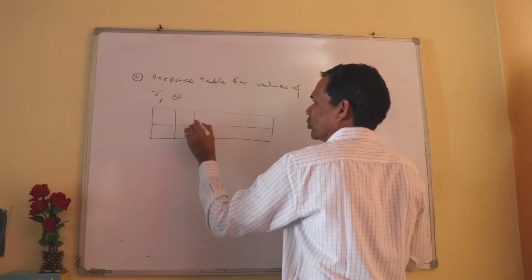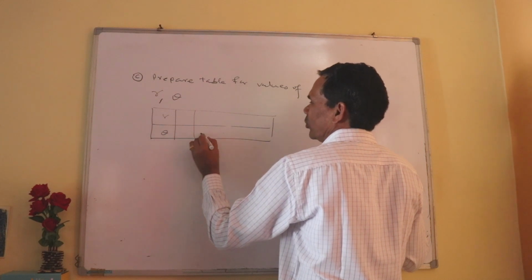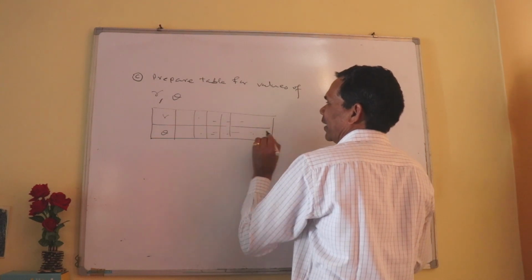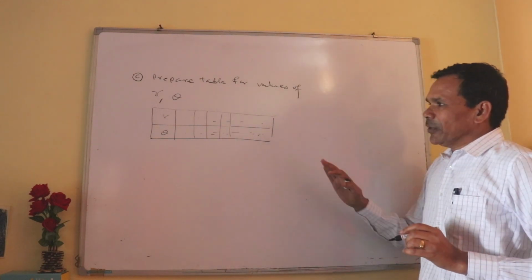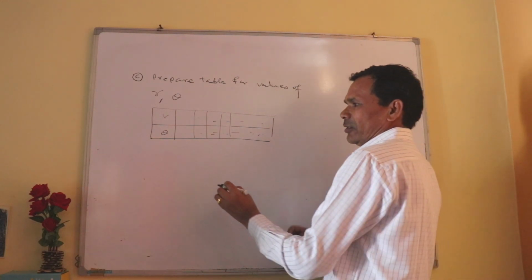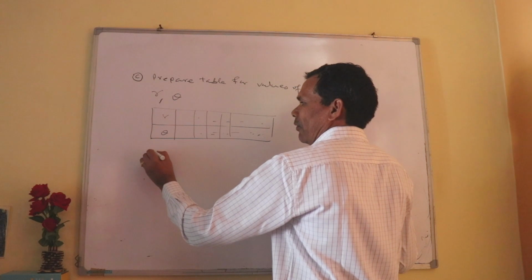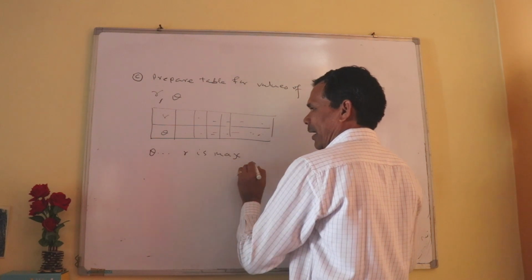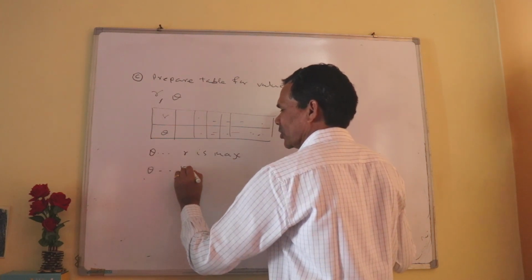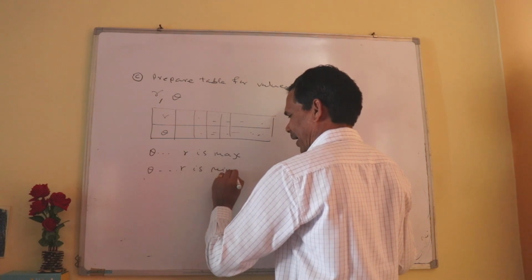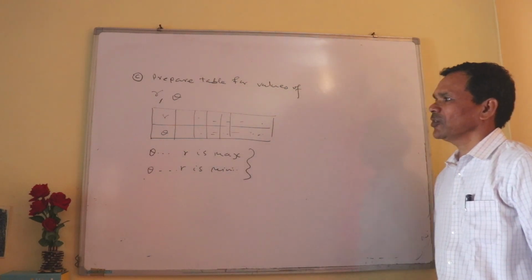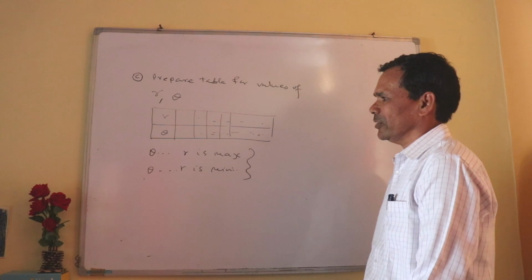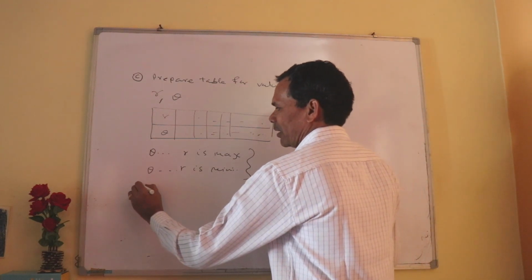This is r, this is theta. You put the values of angles and find the corresponding r. After preparing the table, you have to find the value of theta for which r is maximum, and the value of theta for which r is minimum, and observe how r varies with respect to theta. Locate these points in the polar plane, and accordingly you can get the approximate shape of that particular curve.